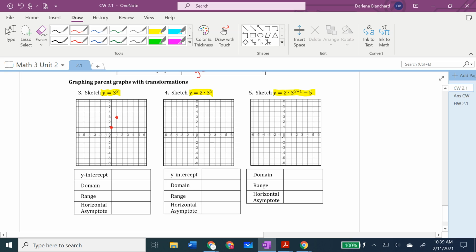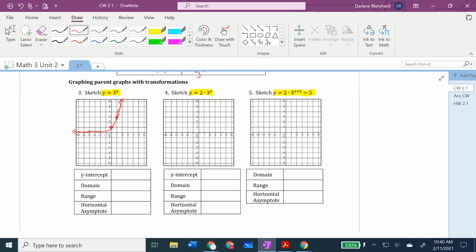And this will allow you to see the difference between the graph of 2 to the x versus 3 to the x versus 4 to the x, and so on. They all, however, do their asymptote business on the left end and grow like crazy on the right end.